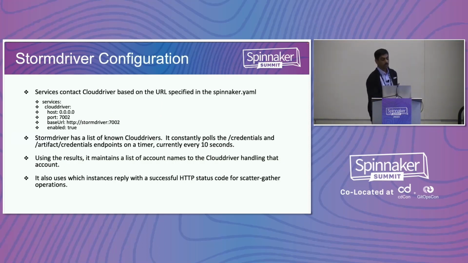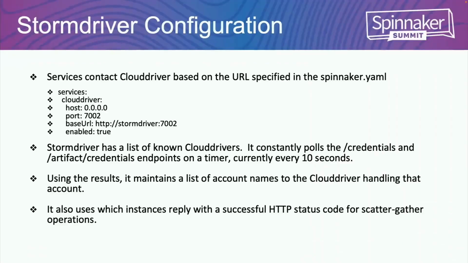So how do we configure Stormdriver? In the Spinnaker YAML, you have the address for the Cloud Driver that you reach. Instead of Cloud Driver, you specify Stormdriver, and that's it. All the services will think of Stormdriver as the Cloud Driver. It connects to different instances and gets the data from them. So if you ask for /credentials, it will get you the accounts from all the Cloud Drivers.